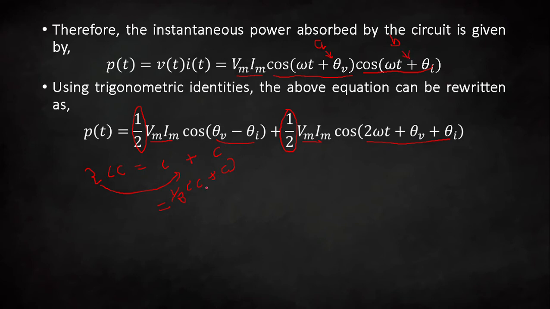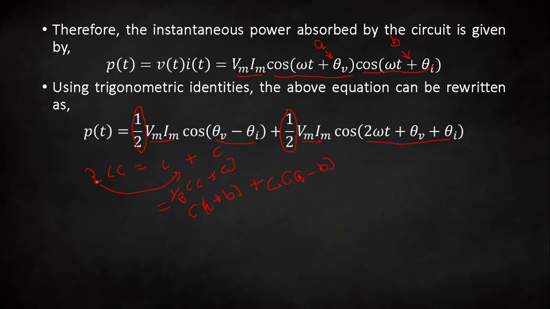So the first term will be cos of A plus B, plus cos of A minus B. That is what the equation was.